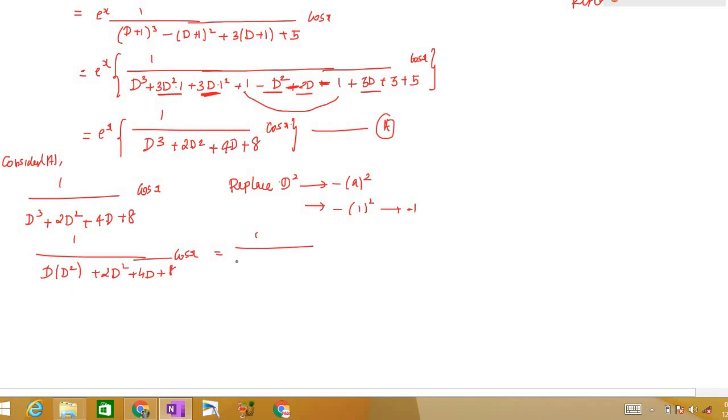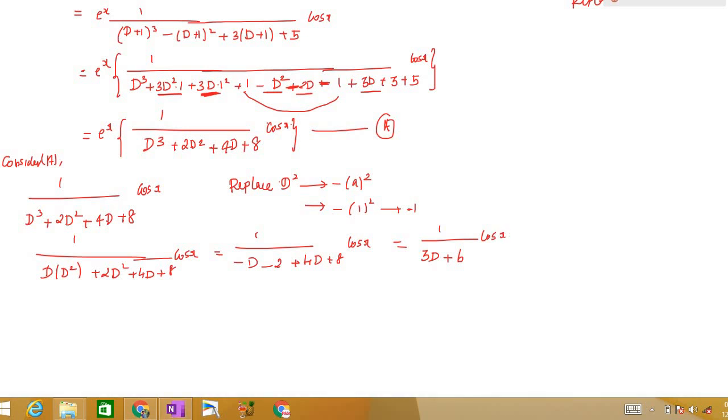So this will be minus d, and substituting d square equal to minus 1, this will be minus 2 plus 4d plus 8, cos x. So this will be 1 by, 4d minus d is 3d, 8 minus 2 is 6, cos x.